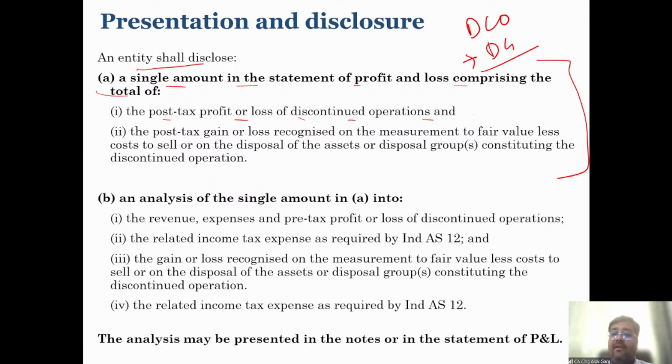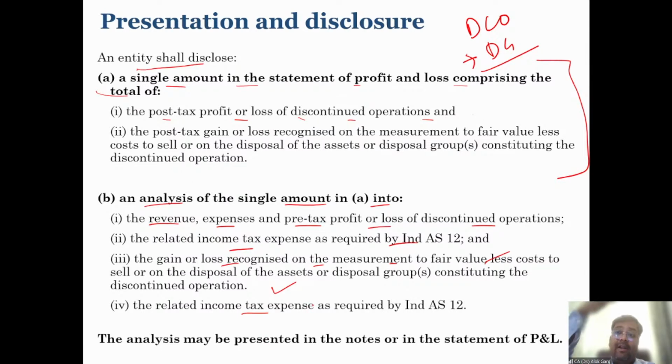What is the second way? The second way is you have to show the analysis of the single amount into revenue, expense, PBT, tax, like I have shown you in the first presentation, right? Then income tax expense, then your gain or loss recognized on the classification as HFS and sale of that disposal group, and the related income tax separately.